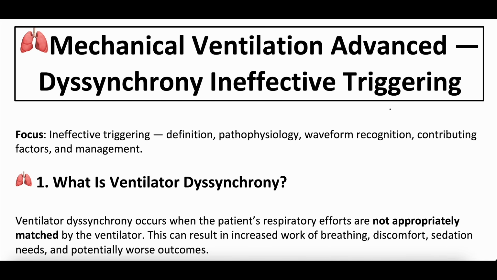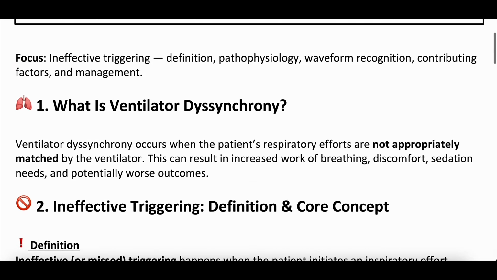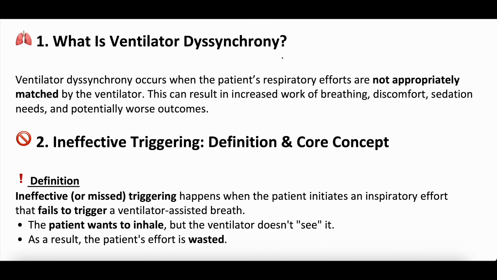Let's dive in. Mechanical ventilation, advanced, desynchrony, ineffective triggering. So what is ventilator desynchrony? Probably a good first thing just to make sure we're all starting on the same page. Ventilator desynchrony occurs when the patient's respiratory efforts are not appropriately matched by the ventilator. The ventilator is a machine, and as a machine, we have to set it to provide each breath in a certain way, and there's limitations to that way.